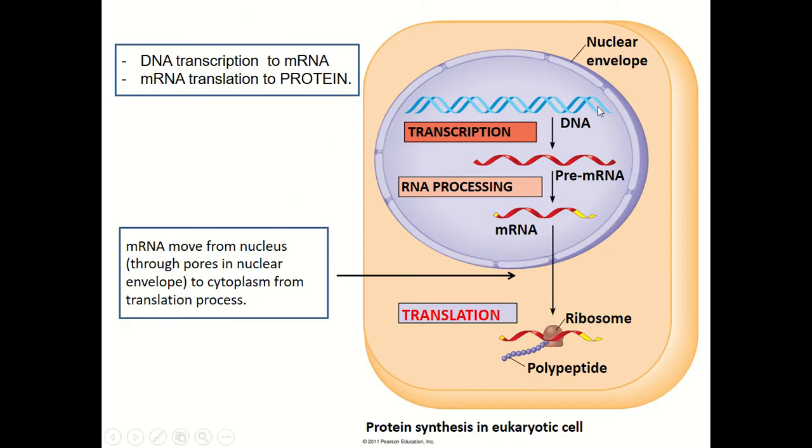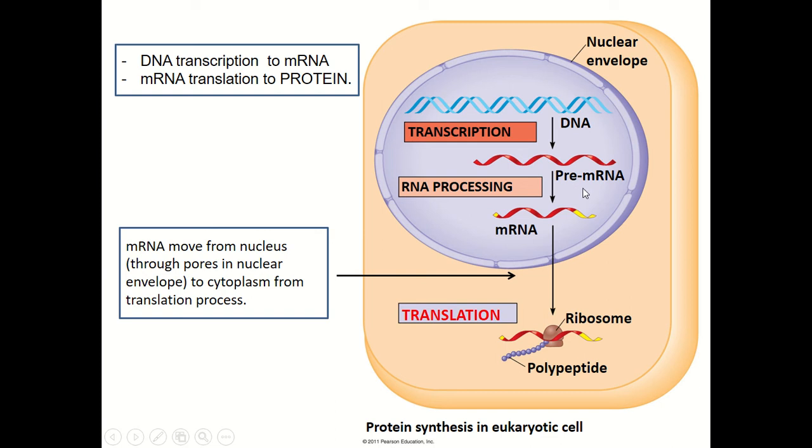So let's recap. The DNA, the double helix or double strands of DNA, will copy themselves first under the process of replication during the synthesis phase in the cell cycle, and then the DNA strand will be used as a template to transcribe the pre-mRNA during the process of transcription. This pre-mRNA is not ready yet for translation, so it will undergo alteration.